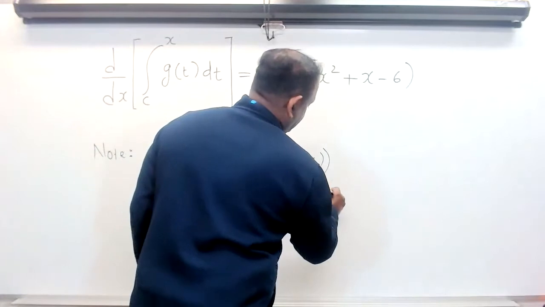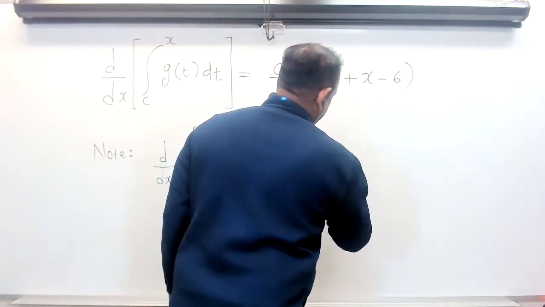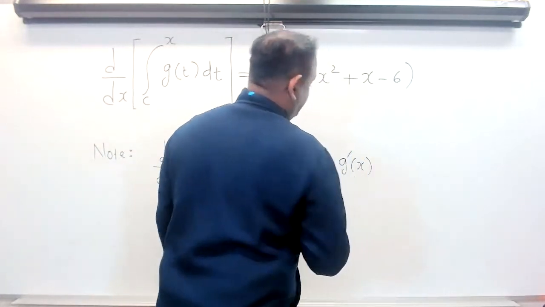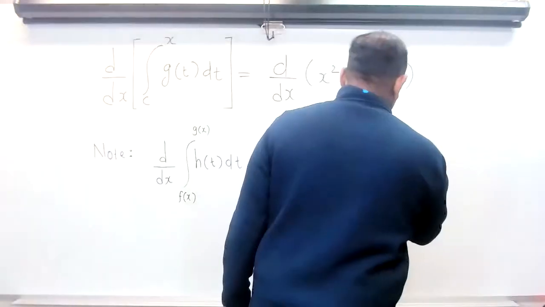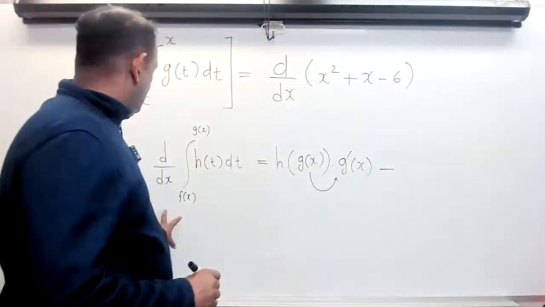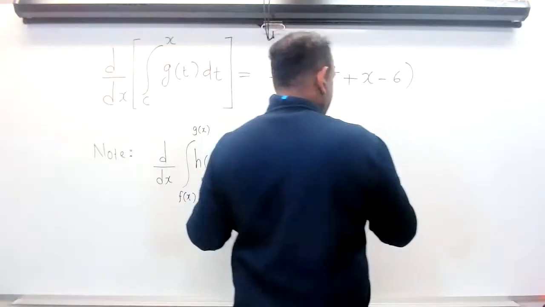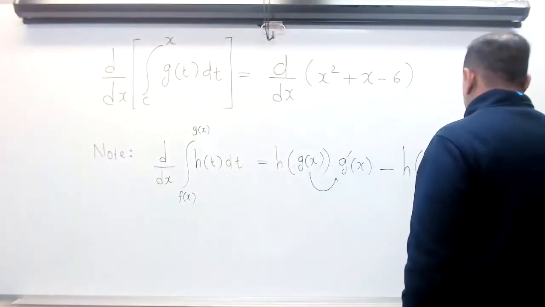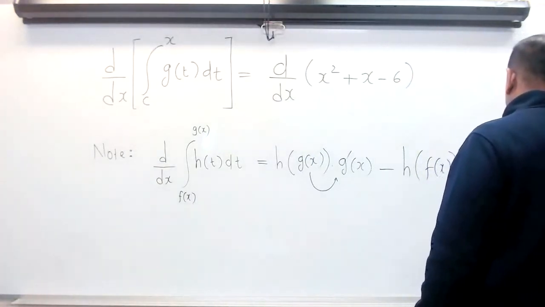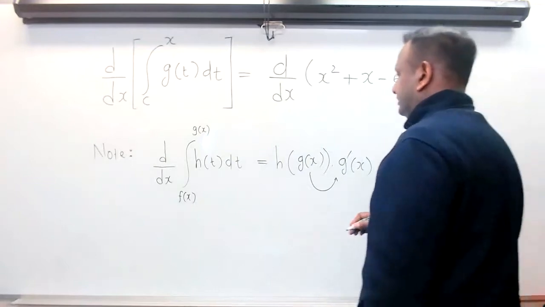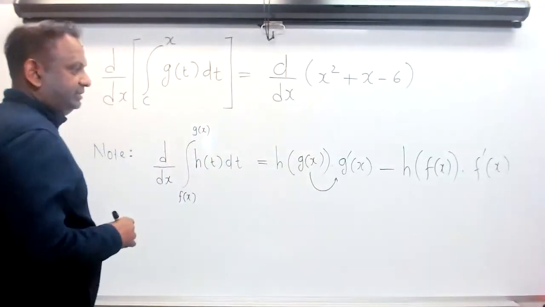Not only that, multiply by the derivative of that, g prime, minus the upper bound. Then you put the lower bound inside h, h of f of x, and that should be multiplied by its derivative. That's what the formula says.